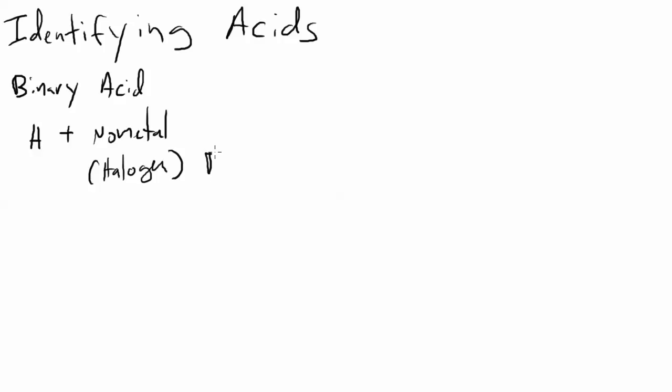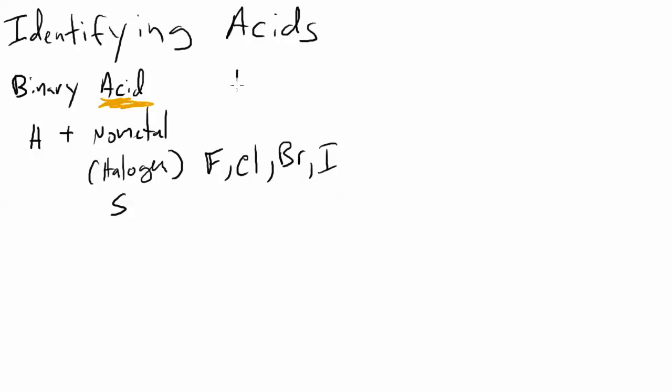So that'd be fluorine, chlorine, bromine, iodine. But it can be other things sometimes, like sulfur. So basically, anytime you see hydrogen on the front of a nonmetal, then that should be a huge hint to you that what you're looking at is an acid.